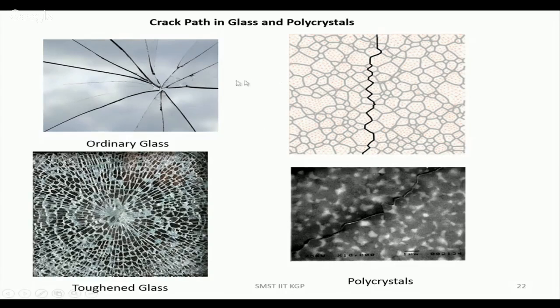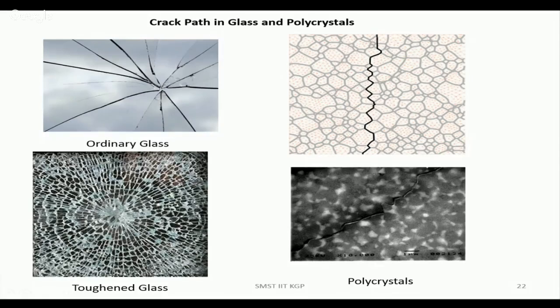If it goes straight or zigzag, the path length has a significant difference. The path length for composites will be much longer, but the path length for glass will be much shorter.